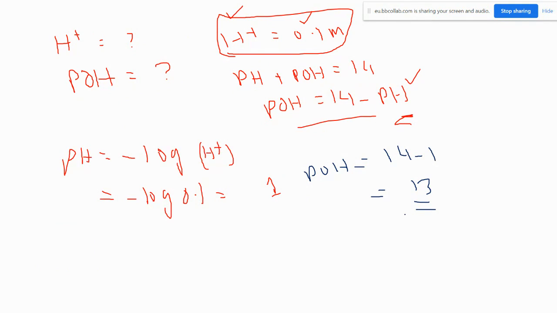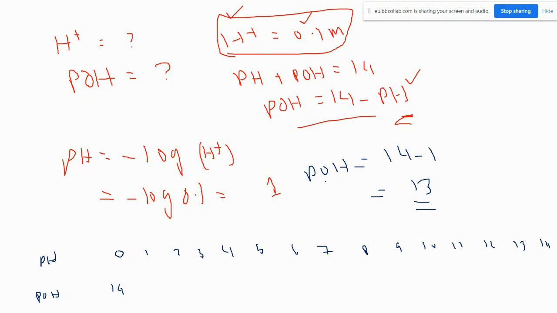That's why we have a table. Normally we don't need to calculate it. There is one table: 1, 2, 3, 4, 5, 6, 7, 8, 9, 10, 11, 12, 13, and 14. This is pH. If we have pH 0, the pOH is 14.